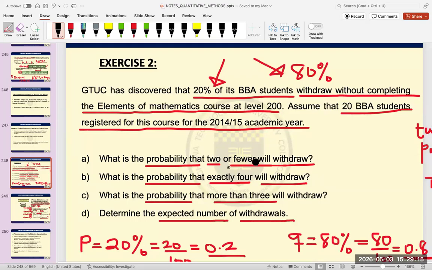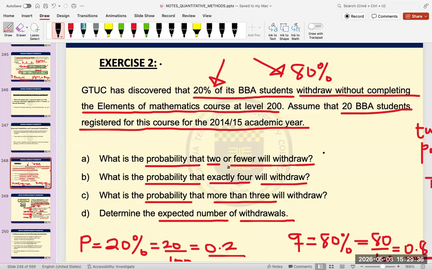2 or fewer will withdraw. This is how we can write this symbolically, which you are also learning today. Probability that 2 or fewer.